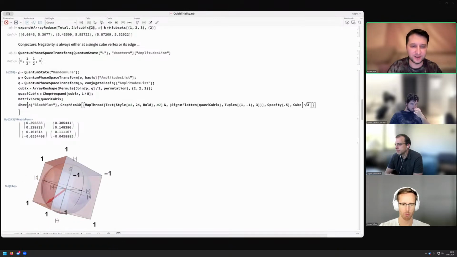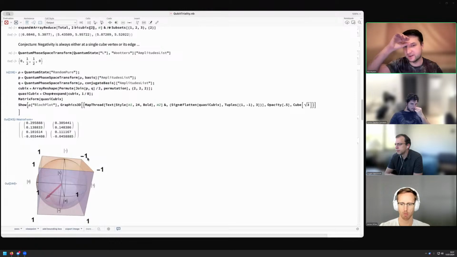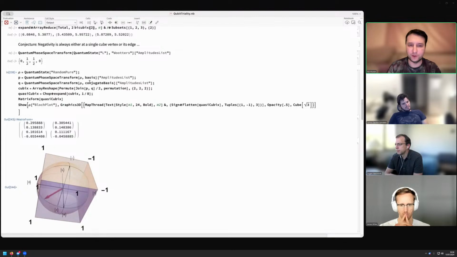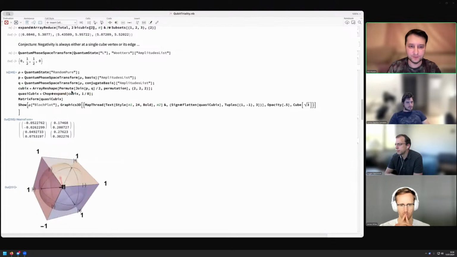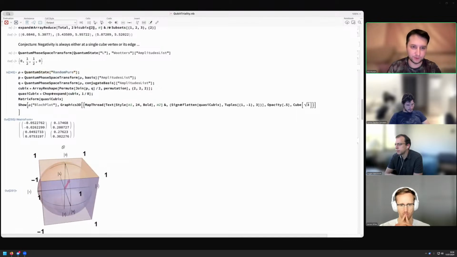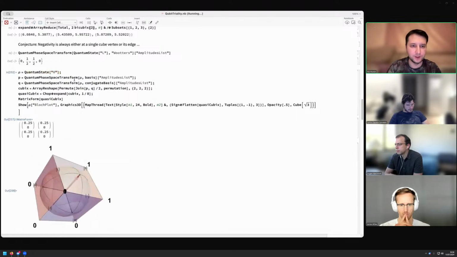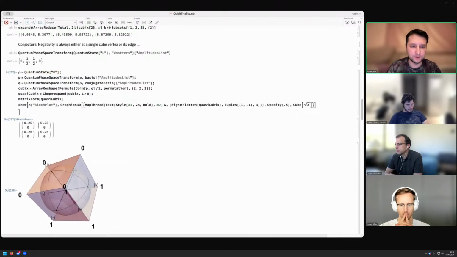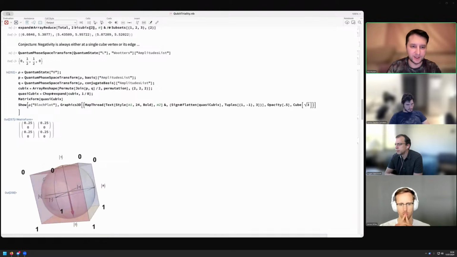The little conjecture here is that the negativity, which most people consider the actual quantum measure or some measure of the quantumness that quantum states occupy, is always going to be across some edge or a vertex. It can also be zero if you choose one of the vertices on these poles; then it's going to be zeros across the whole plane.